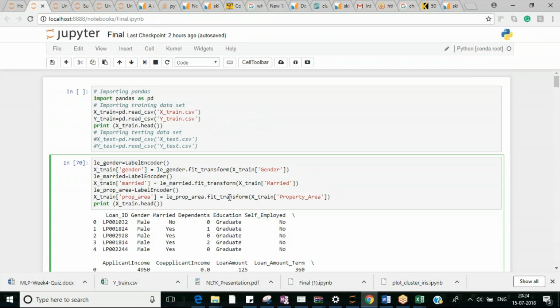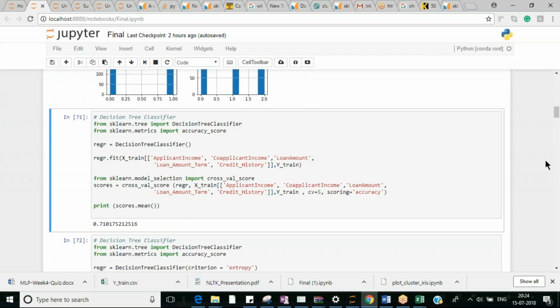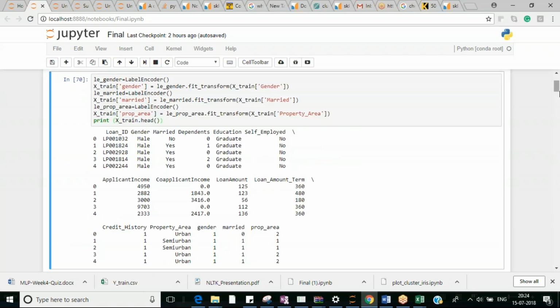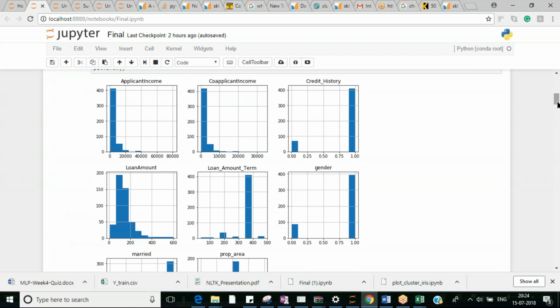Okay, this is a very important step whenever you're dealing with categorical variables. Next, you have to plot each of the variables: how your applicant income is distributed, how co-applicant income is distributed. Credit history is categorical.